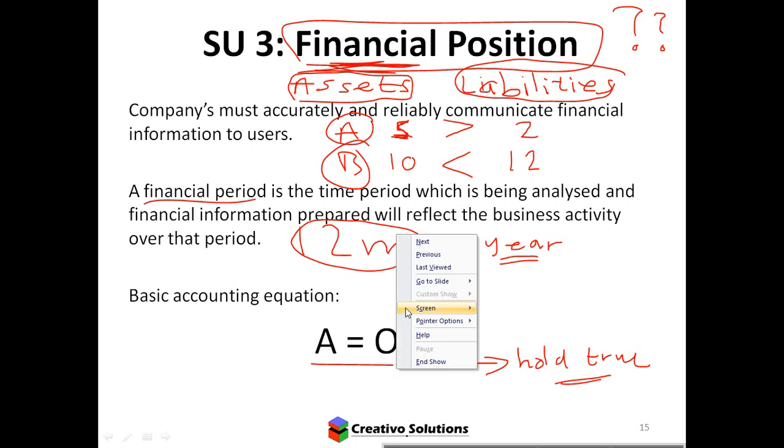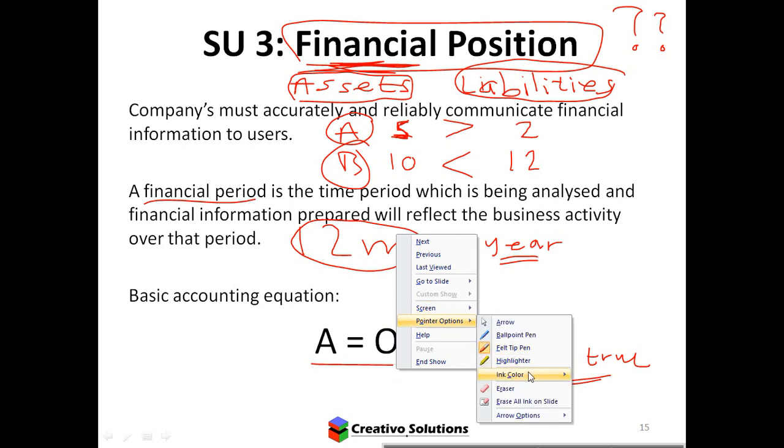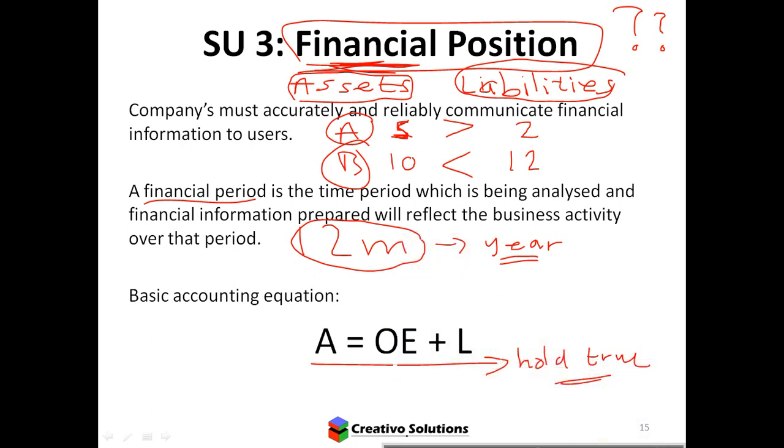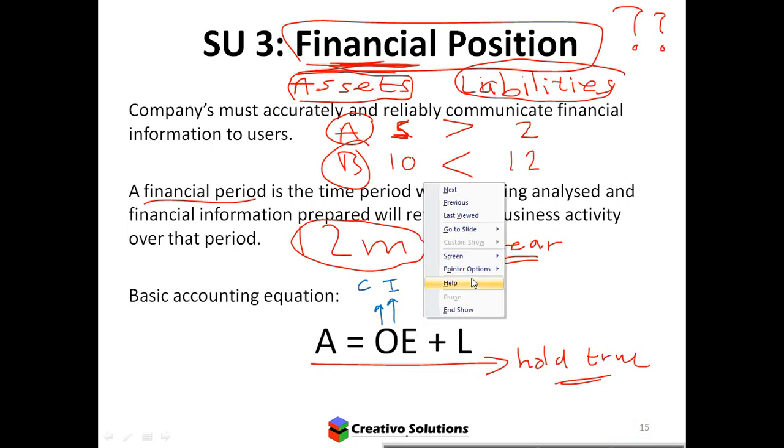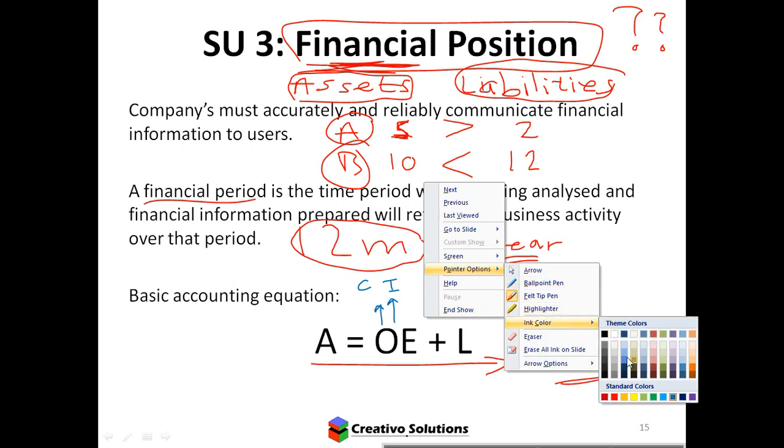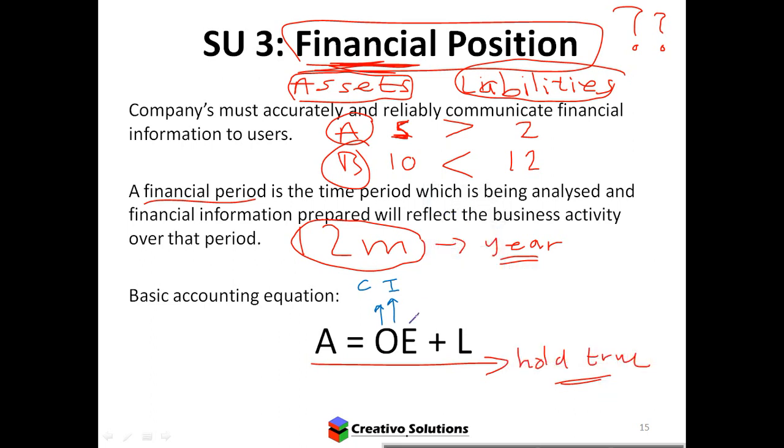If you want to, you can add something else here, but we'll only talk about it later. Maybe just a note for later: you can put capital here, you can put income here, and you can put drawings and expenses.